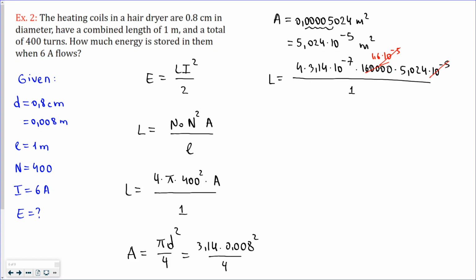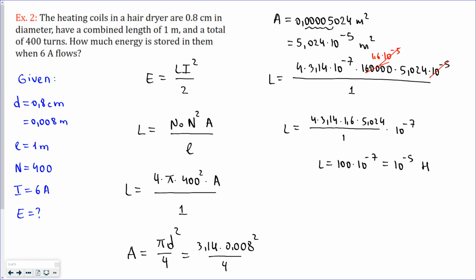And what we have for L is 4 times 3.14 times 1.6 times 5.024 over 1 and 10 to the minus 7. Well, L is equal to, if we multiply all this, it will be 100. So L is equal to 100 times 10 to the minus 10, it is 10 to the minus 5 henry.